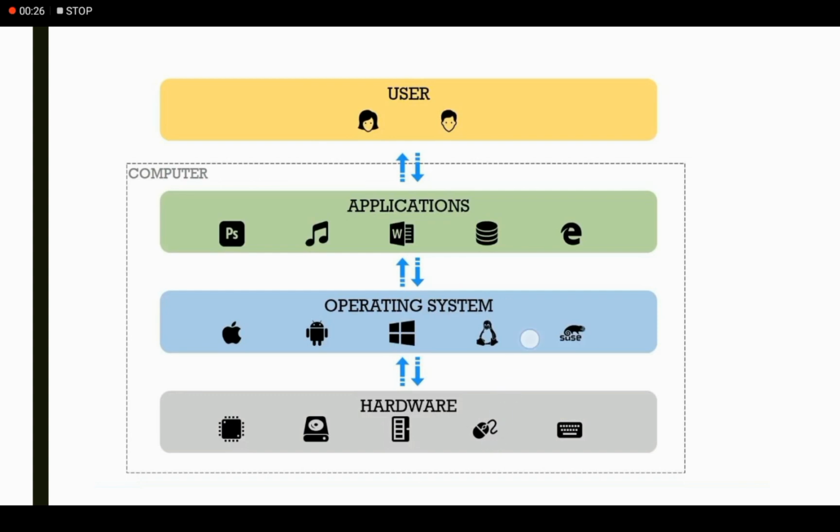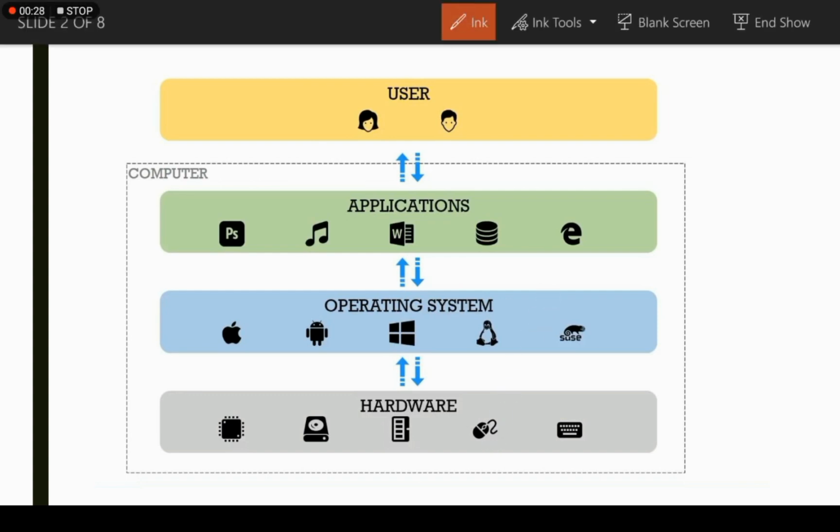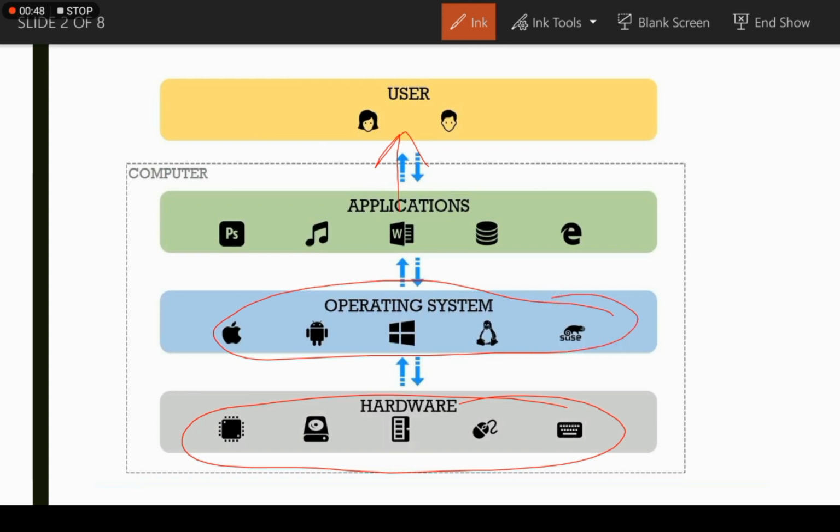As you can see in this diagram, application softwares are directly interacting with users, while the hardware, meaning all the parts of our computer, communicates with the operating system, which is basically a system software.